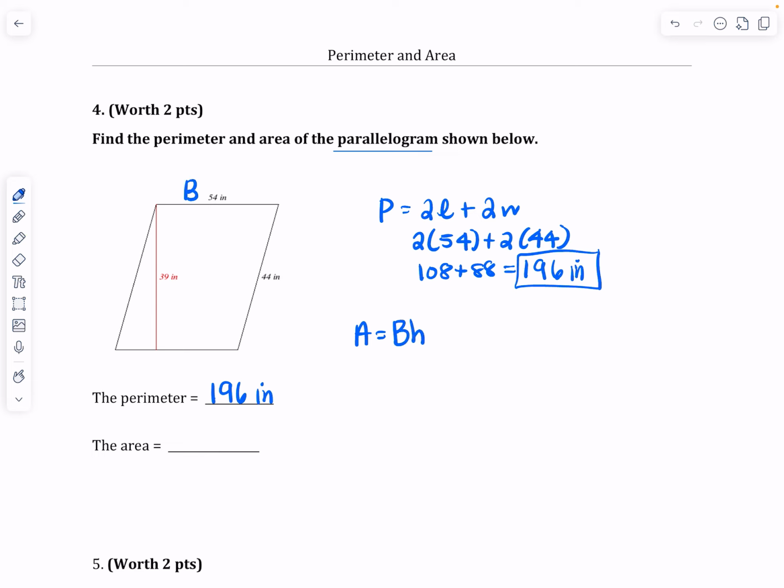The base is 54 and the height is 39. So area equals base 54 times height 39. And when I do that, I get 2,106. And that's inches squared, or squared inches.